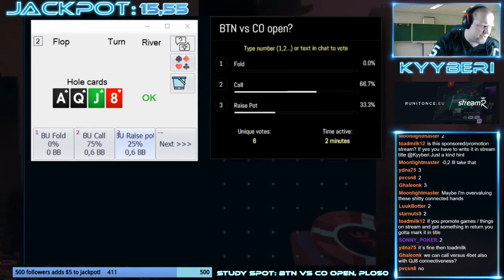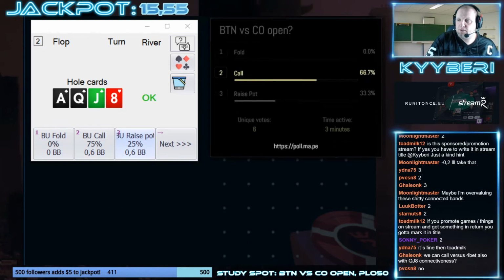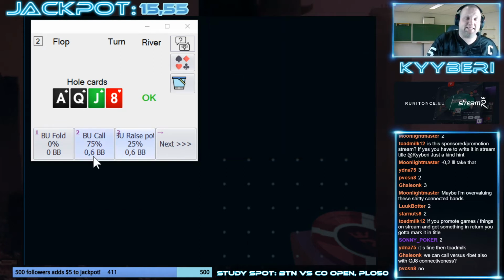Yeah, well, okay, 3-bets versus cutoff only 9% of times. Here it's 25%, but the EV is the same. But I wouldn't fold to 4-bet. I don't know. But it's so rare to face a 4-bet when you have an ace in your hand overall. But yeah, it's a mix. But call is 75%, so a lot more calls. But you can see the EV. The EV is the same between call and 3-betting.